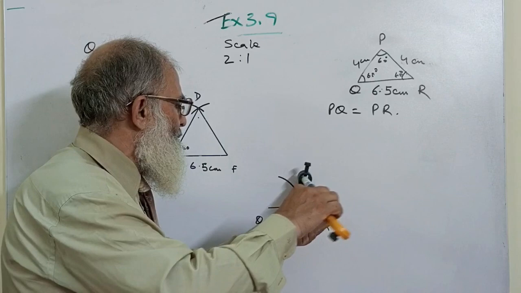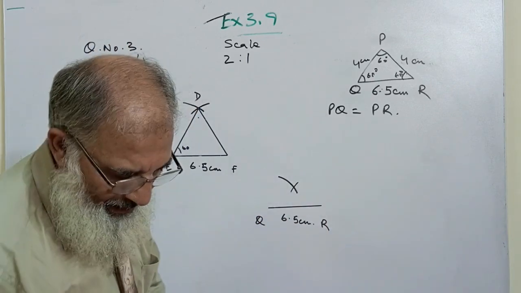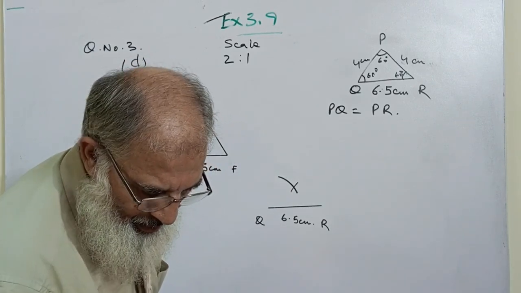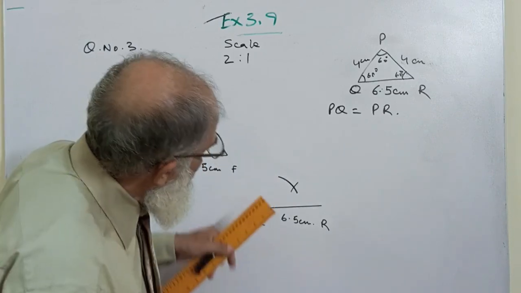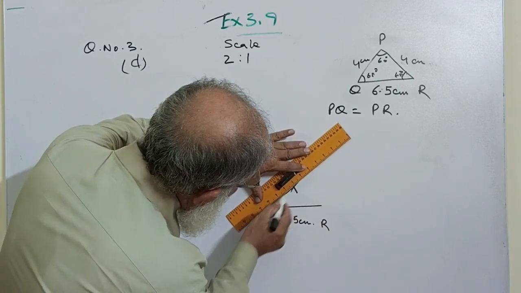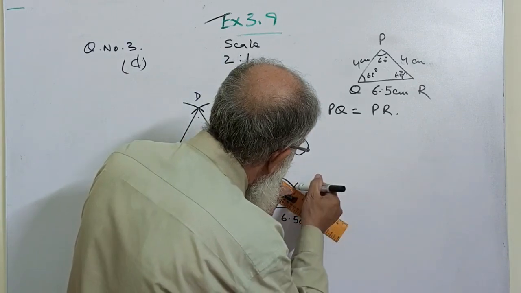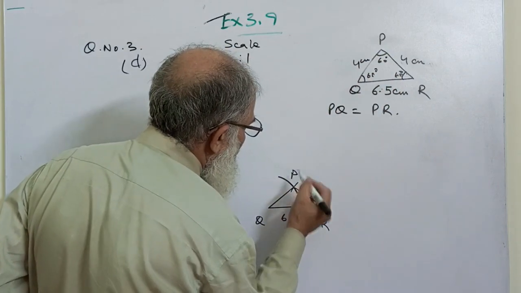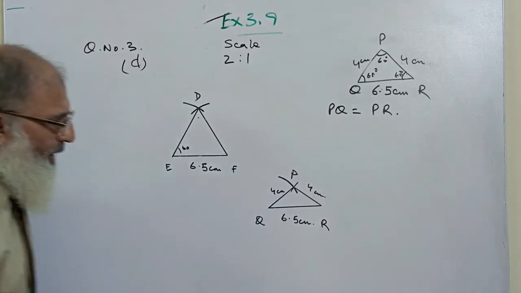And from here also, because this is an isosceles triangle, it will be like this one. So this is the required triangle. This will be an isosceles triangle. P. This is 4 centimeters, this is 4 centimeters.